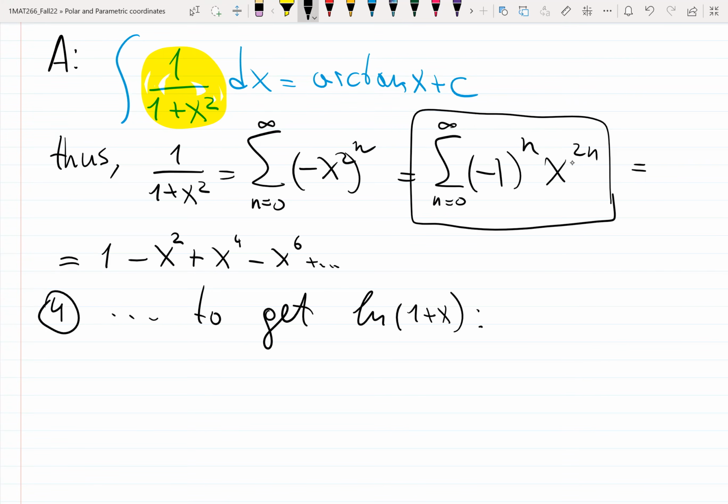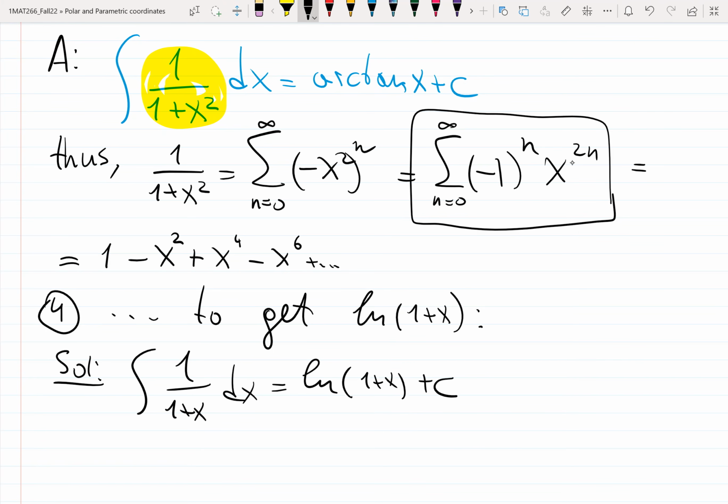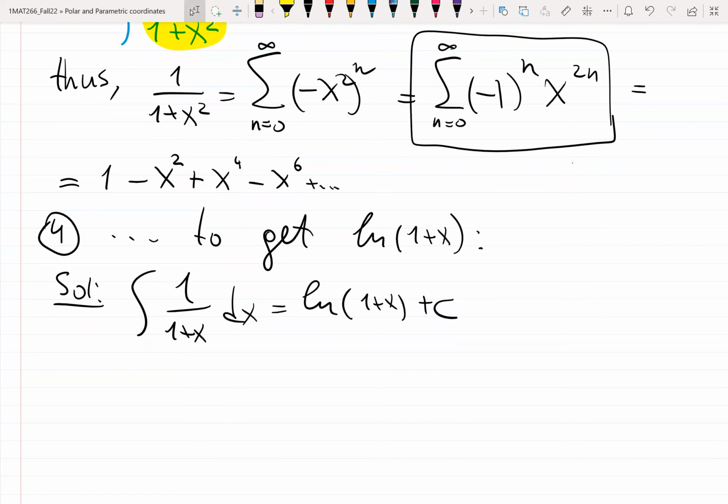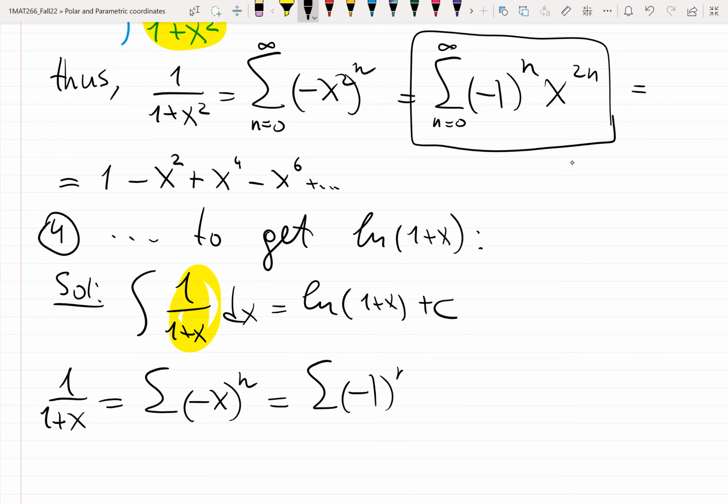Same thing. We know that the integral of 1 over 1 plus x dx is ln 1 plus x plus c. Don't forget the plus c. So they ask you to find the series for this. And the series for 1 over 1 plus x is the sum of minus x to the n, which is the sum of minus 1 to the n, x to the n. That's what they ask: find this series.